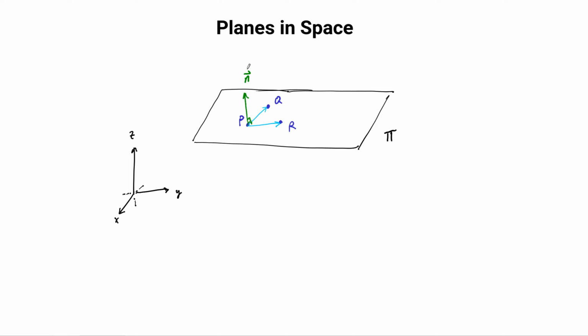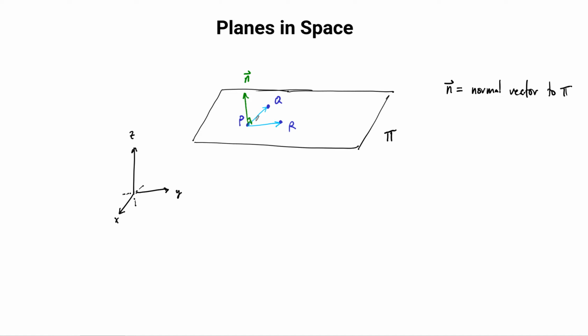So this green vector here, n, is what we call the normal vector to the plane. It's not in the direction of the plane, it's in the direction that is not in the plane. But that's the best way to describe our plane, actually. So n here is a normal vector to the plane pi.